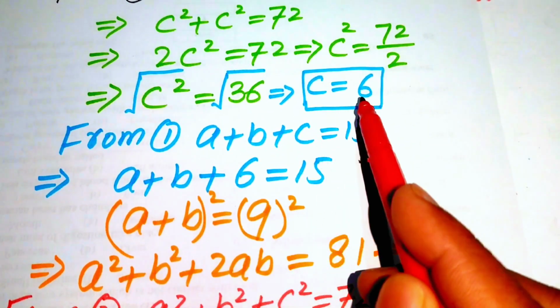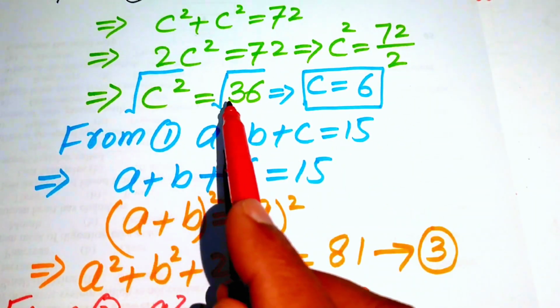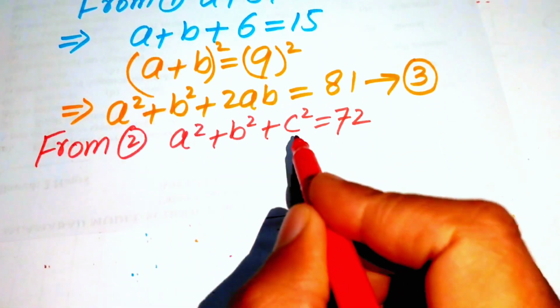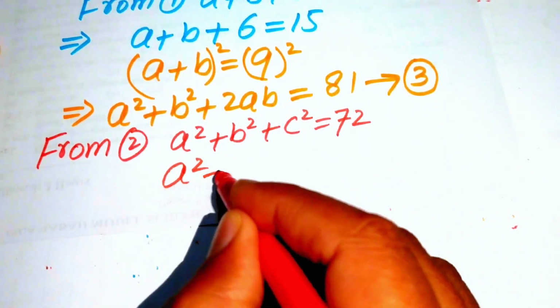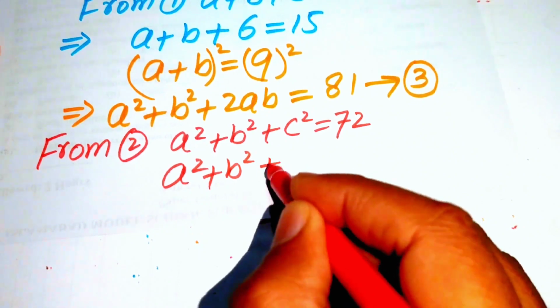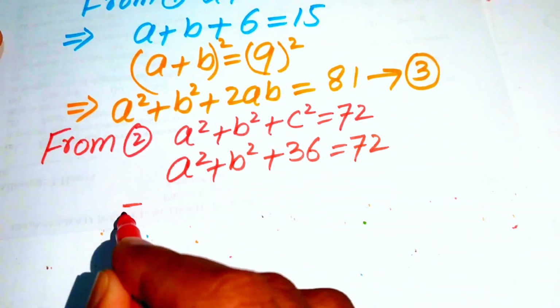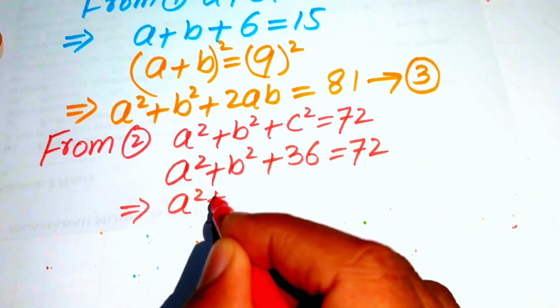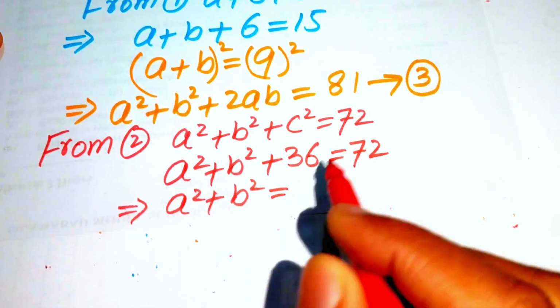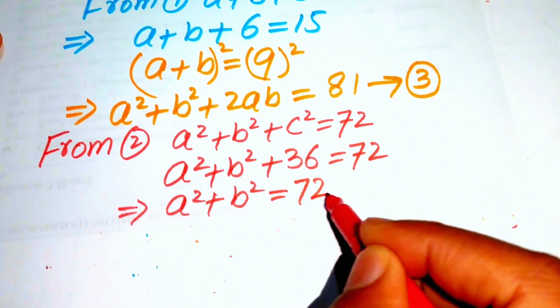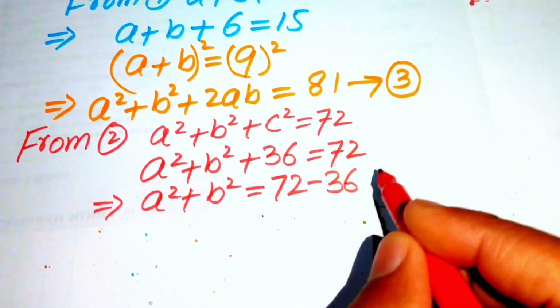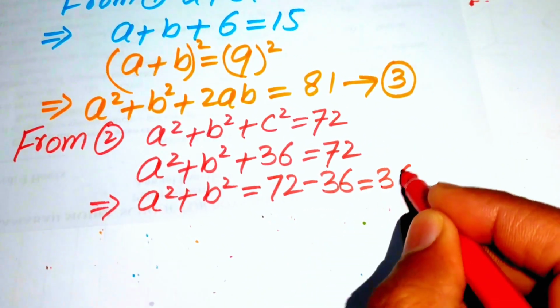The value of c is 6, so c square becomes 36. We put the value of c square here and we get a square plus b square plus 36 equals 72. Here we obtain a square plus b square equals 72 minus 36, which becomes 36.